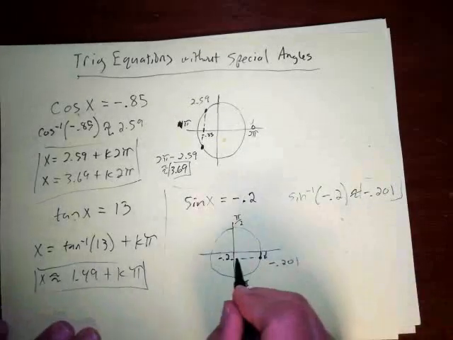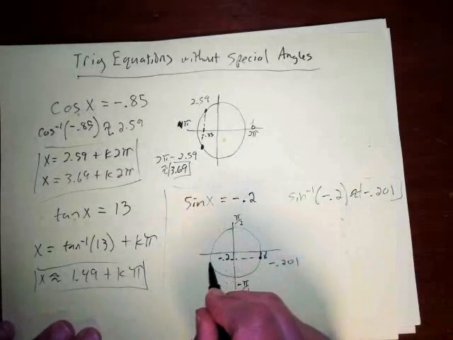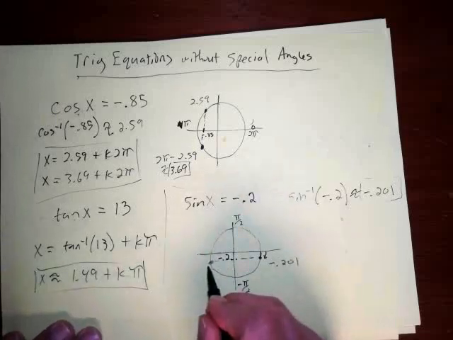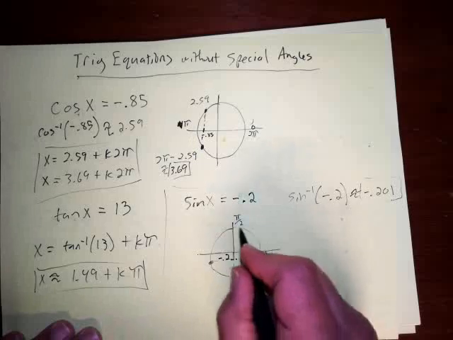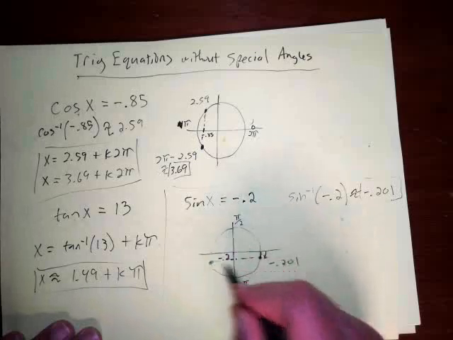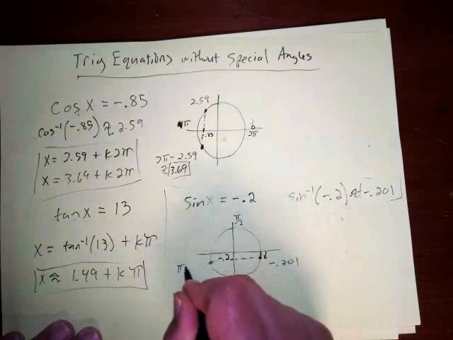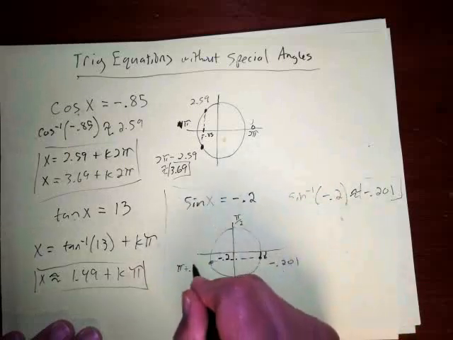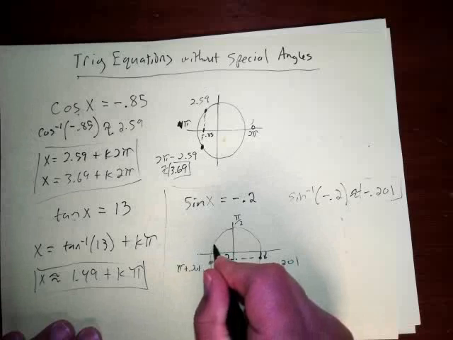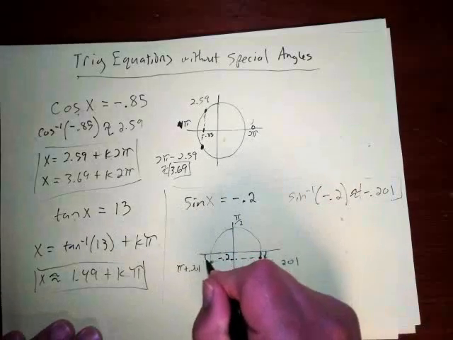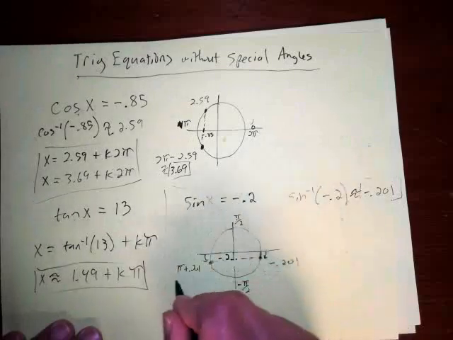Okay, now the other solution is going to be the one over here, because remember sine goes across. So how am I going to get that? Well, this is like pi, and then I'm going to go this little bit more. So I'm going to take pi and add 0.201. I'm not going to subtract and get this angle, I'm going to add this angle, so this angle and this angle are the same.